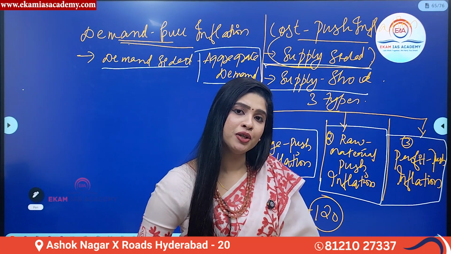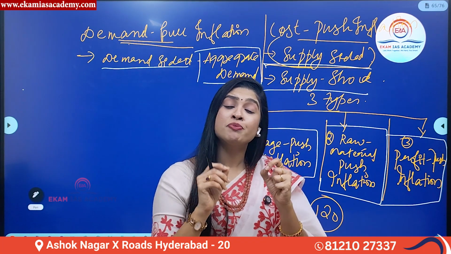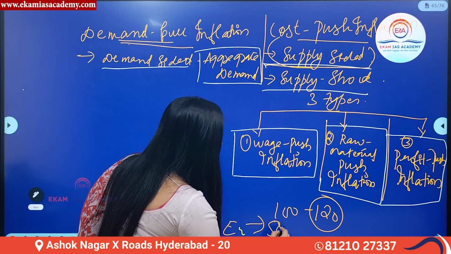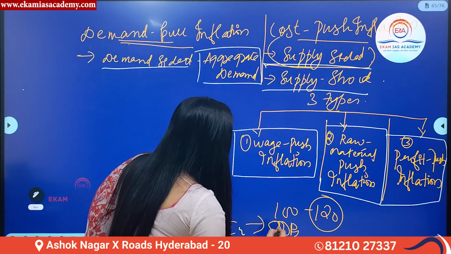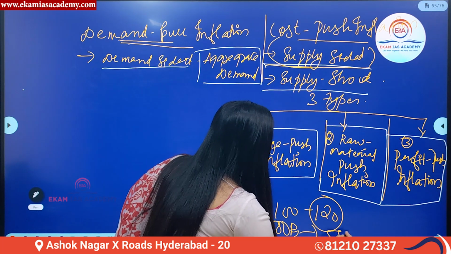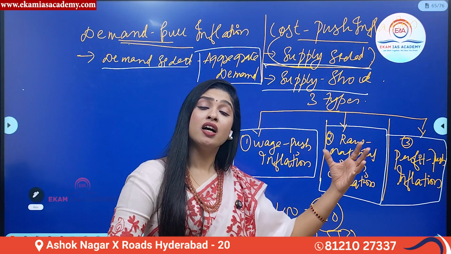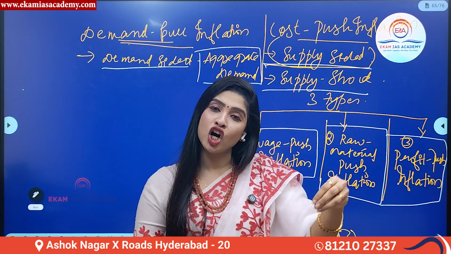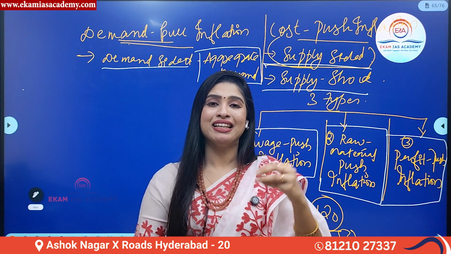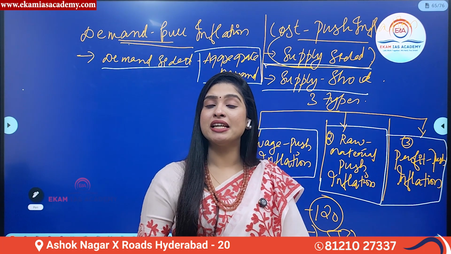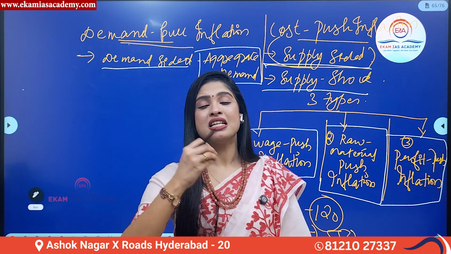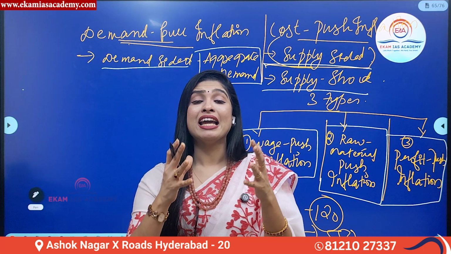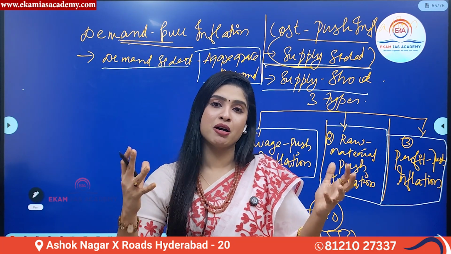You tell me what I will do as a producer who is producing a leather jacket. If the real price of the leather jacket is 500 rupees, I will push it to 550 rupees, which means whatever rise in prices I incurred in my cost of production, for example, increase in price of raw materials, increase in wages, salaries, etc. of people, I will start pushing that burden into the final price of my commodity.